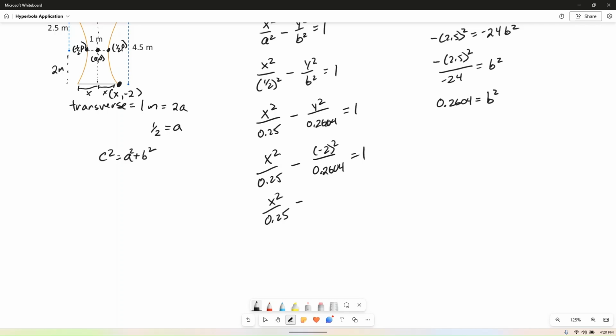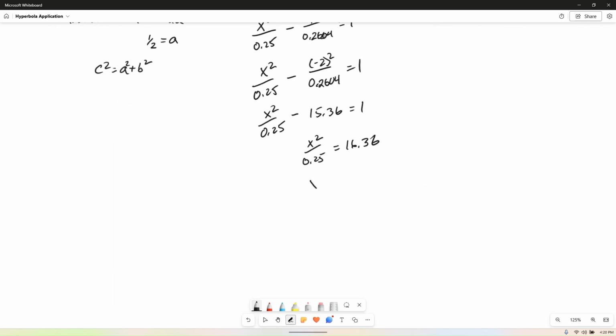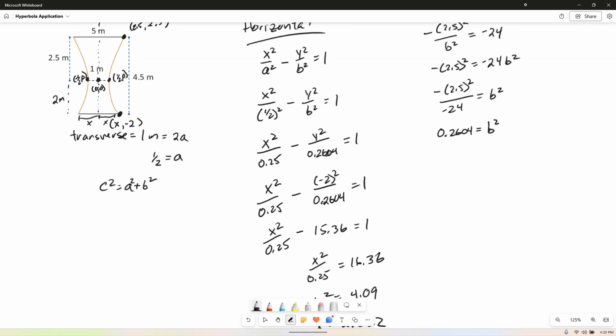So negative 2 squared is 4, and 4 divided by 0.2604 is going to be roughly 15.36, and that all equals 1. If we add 15.36 to both sides, we'll have x squared over 0.25 equals 16.36. We could then multiply that by 0.25, and that will give me roughly 4.09. And then we take the square root of that, and that will give me 2.022.